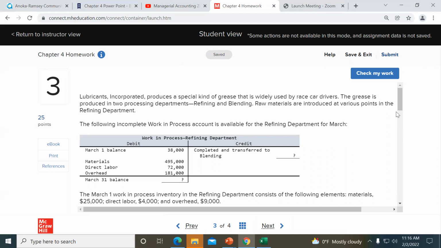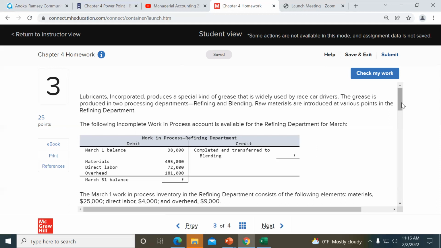Then it tells us the total incomplete work in process account is available for the refining department for March. So we see what the balance was. We see the materials that went in, the direct labor that went in, and the overhead that went in. We don't know what was completed and transferred to blending or the ending balance.